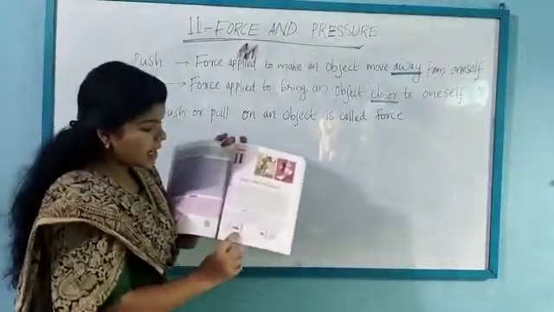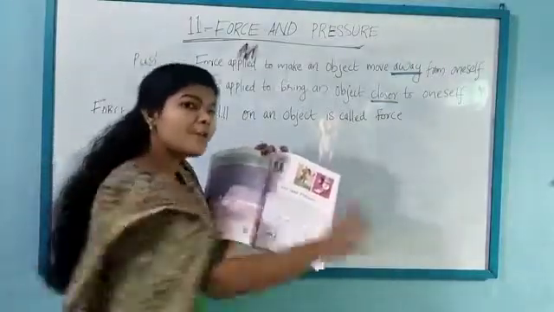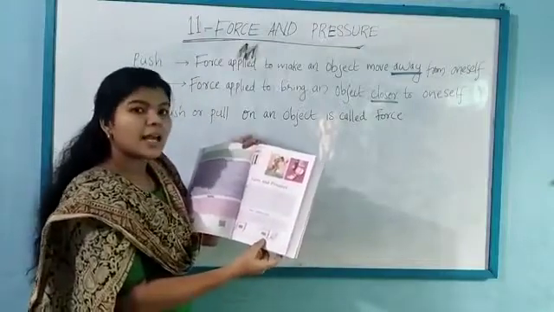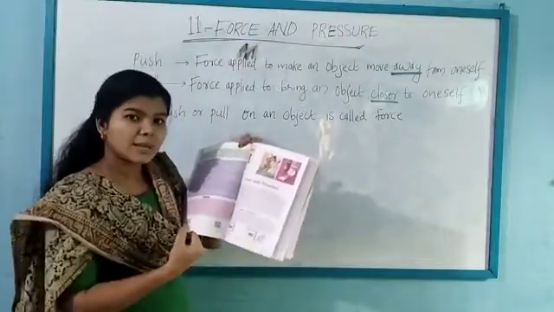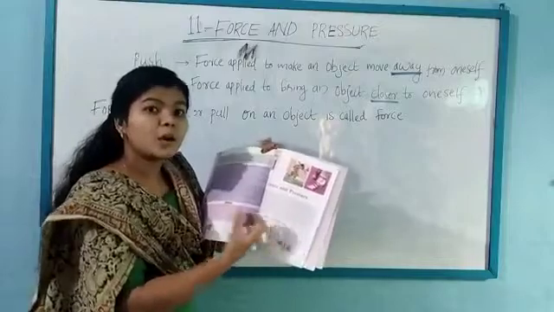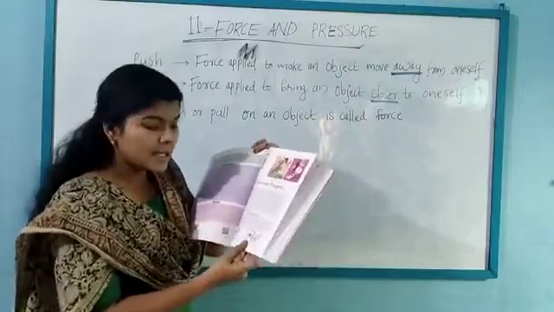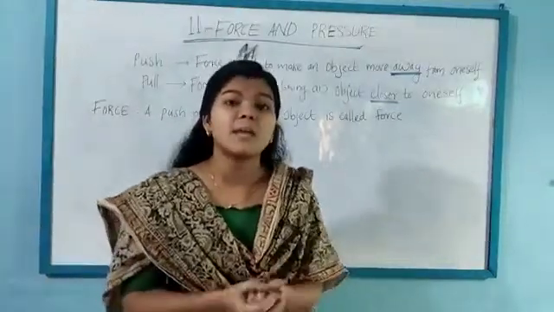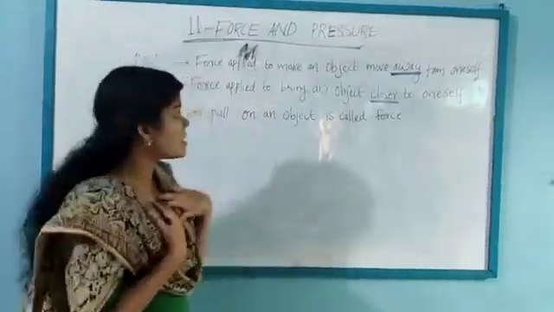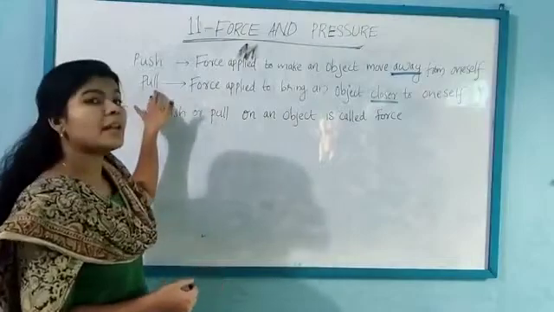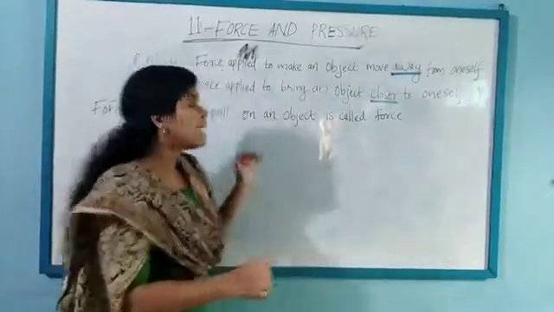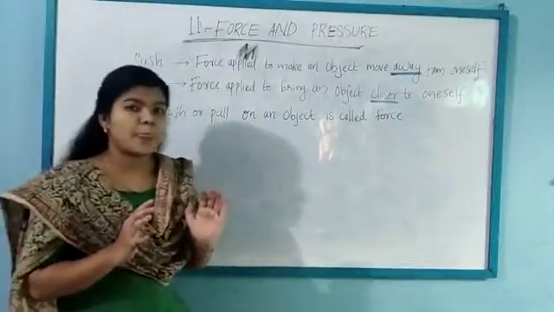And in the second figure, he is trying to bring that body closer to himself, then it is a pull. So whenever we are trying to make a body close to ourselves, it is called a pull, and whenever we are trying to make an object move away from oneself, it is known as push.